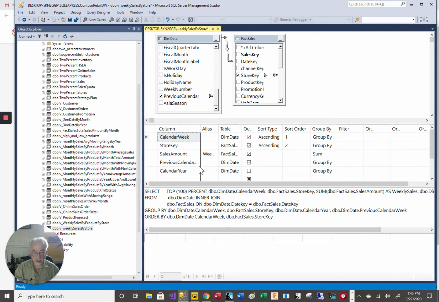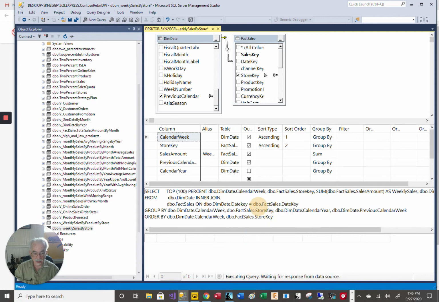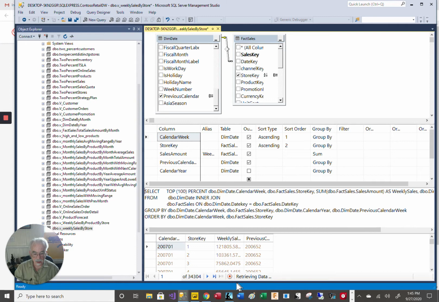So I'm returning that and I'm summing up the sales amount, and we're summing it up by store. This gives us data that we can look at, that we can analyze in Power BI. We could have done these calculations in Power BI, but I was curious about doing them in SQL Server, so I tried it.